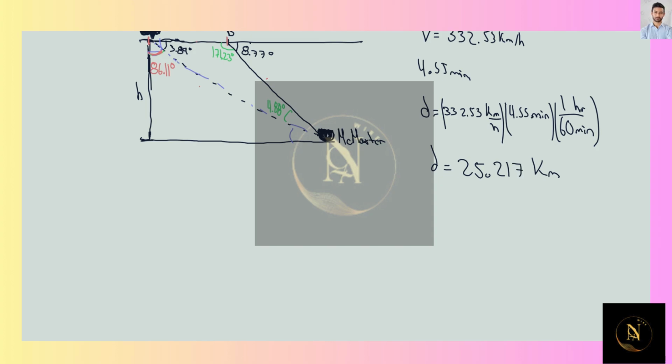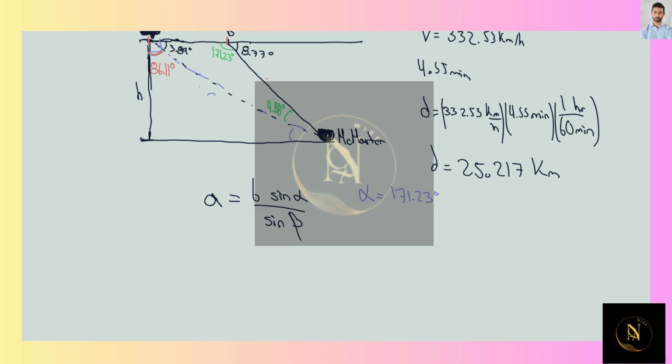So now that we know that distance, we can apply the law of sines. Remember that the law of sines tells us that in a triangle, we can always find these kinds of relationships for finding one of the sides. In this case, alpha would be equal to 171.23 degrees. Remember that alpha is the angle right in front of the side that we want to know.